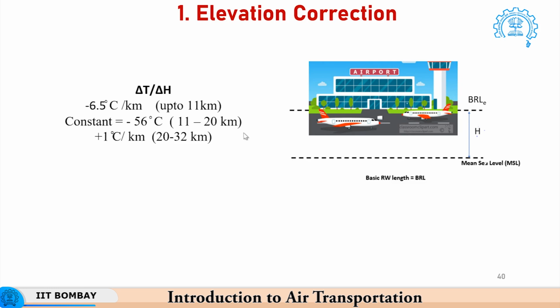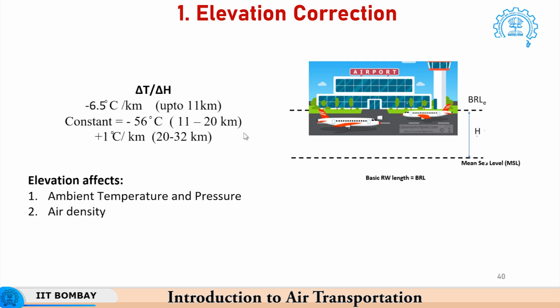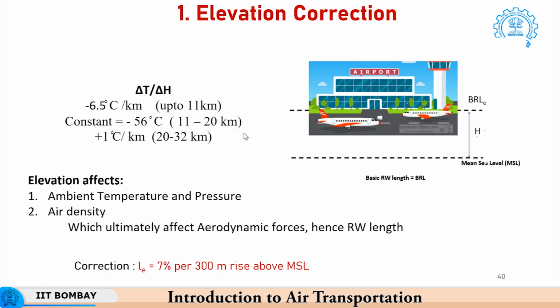This is the ISA data. So, we look at the ambient pressure and temperature differential, we look at air density, and other factors, but all in all we say that for every 300 meters rise above mean sea level, add 7% to the takeoff distance.